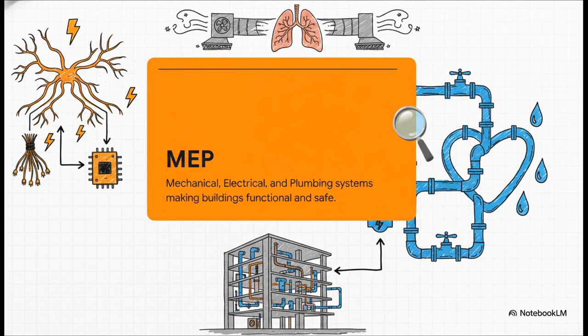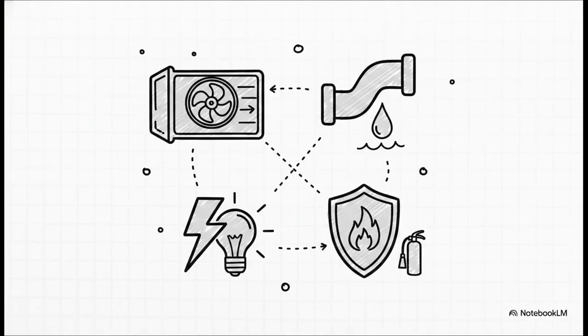And to put the sheer scale of this into perspective, in any new construction project, MEP services typically account for 30 to 40% of the total project budget. Because the financial stakes are just that massive, the engineering absolutely has to be flawless. When we break MEP down, we're really looking at highly complex, interdependent networks.